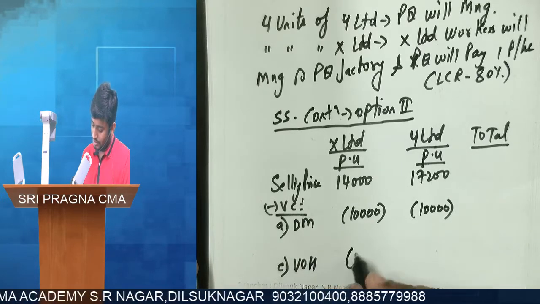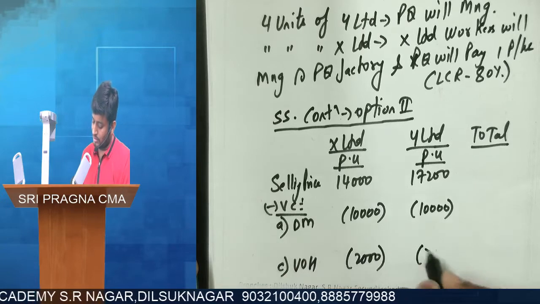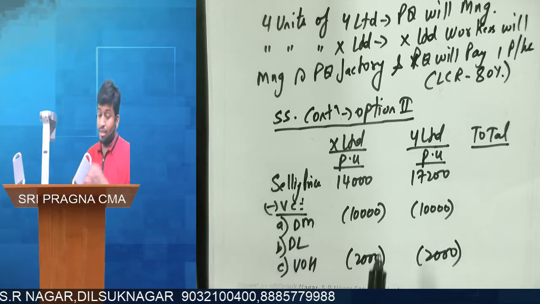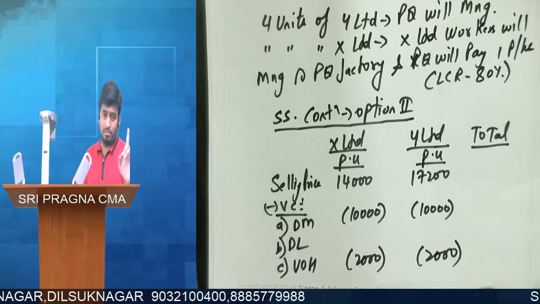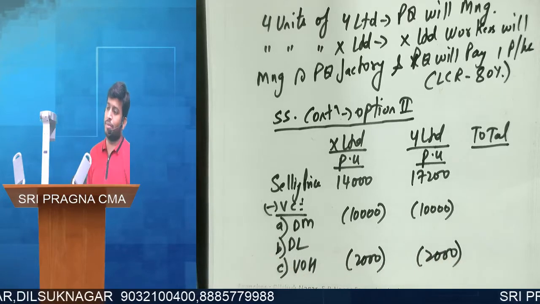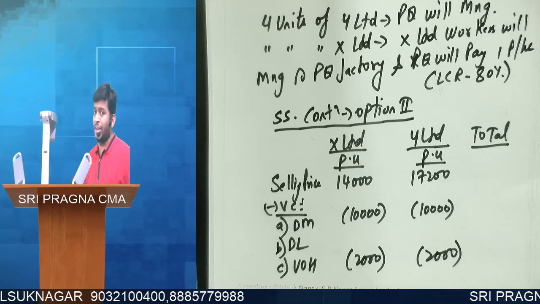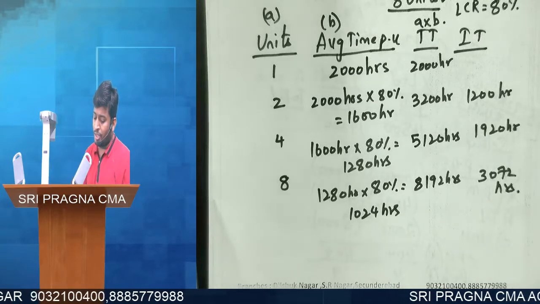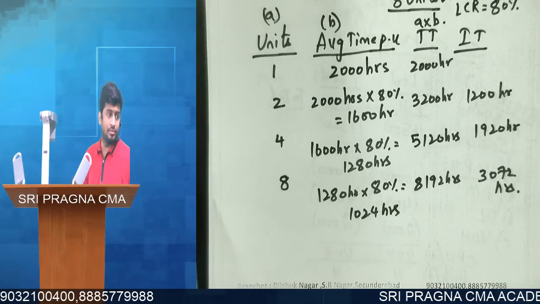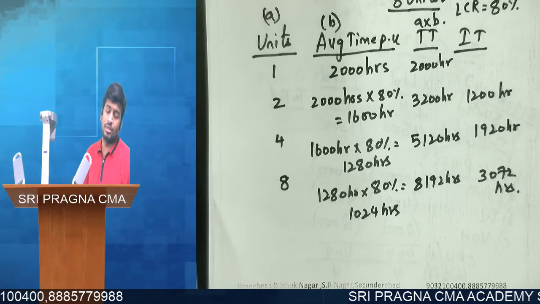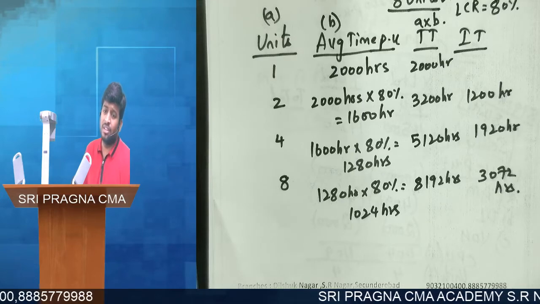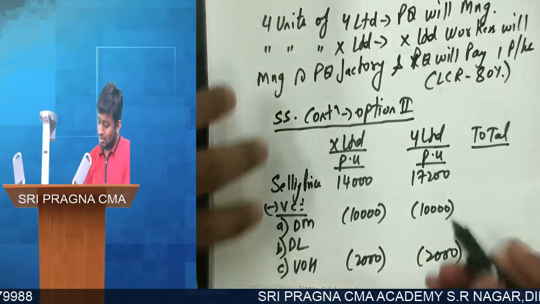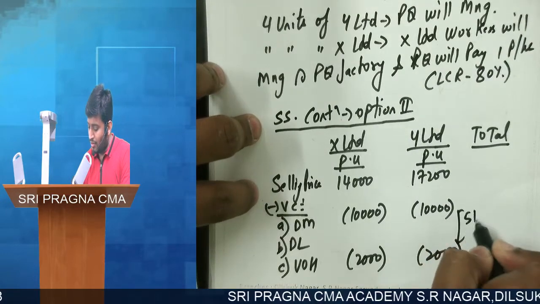How much? Direct labor. We will first do for Y Limited. So let's understand the concept. Who is manufacturing for Y Limited? How much time will PQ Limited workers take? 5,120 hours.